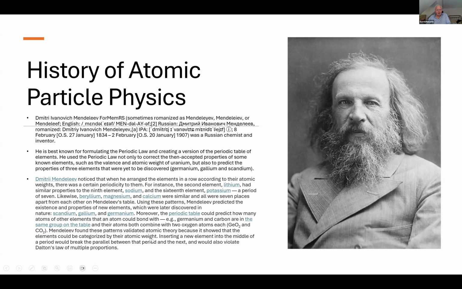And he found that these patterns validated the atomic theory because it showed that elements could be characterized by their atomic weight. We now know that the atomic weight is the number of protons in each nucleus plus the number of neutrons. But the number of protons concerns the actual charge. The number of electrons has to equal the number of protons. So it is not arbitrary.